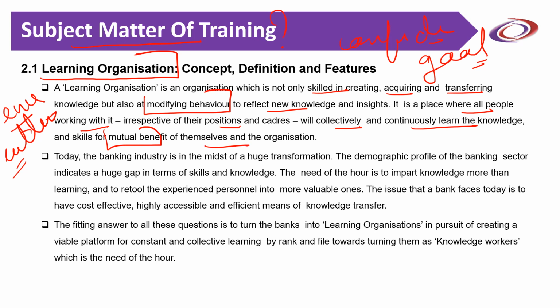It is a place where all the people working with it, irrespective of their positions and cadres, will collectively and continuously learn the knowledge and skills for mutual benefit of themselves and the organization. Not only the lowest level staff, but also the highest level managers. They should be willing to take up training programs to collaborate, to have discussions and teamwork so that they can together learn and take the organization towards newer heights.